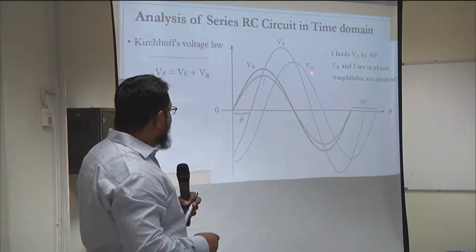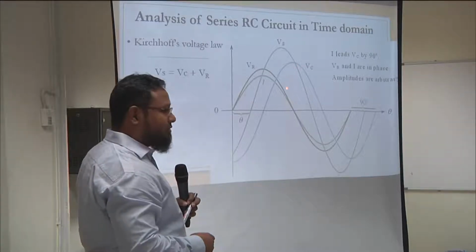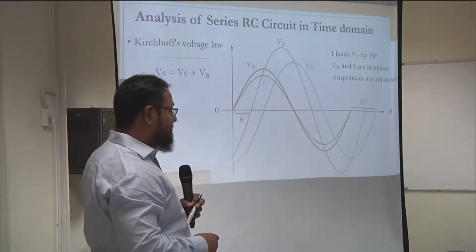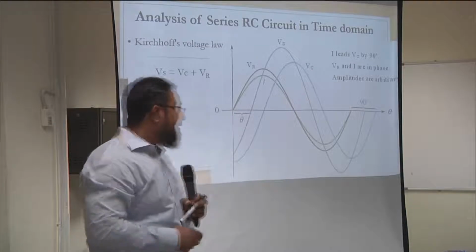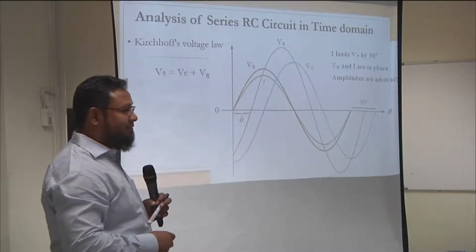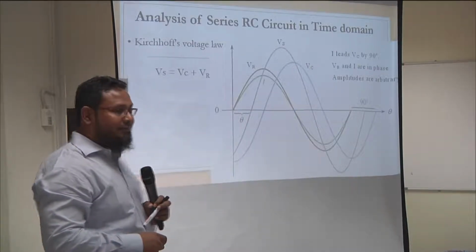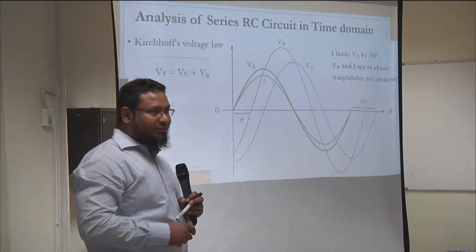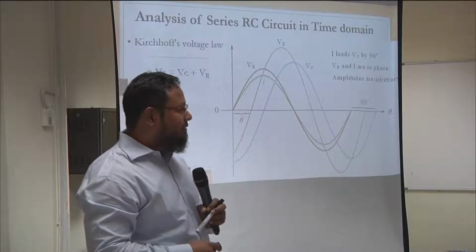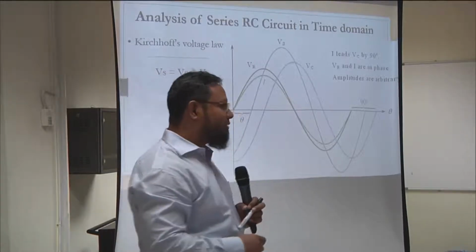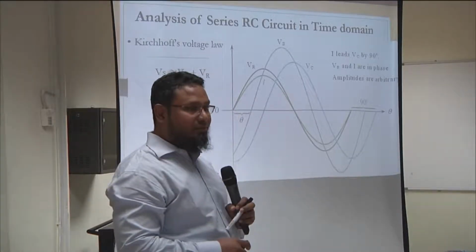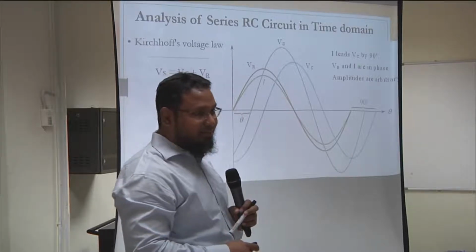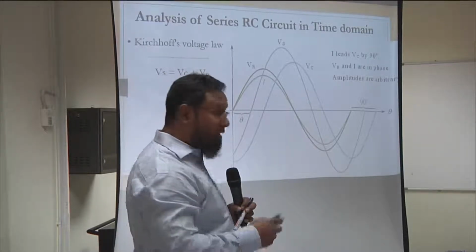Okay, so what about this Vc, which is the voltage across the capacitor? We know that the voltage across the capacitor is lagging the current through it. In other words, the current through the capacitor is leading the voltage across it, by 90 degrees.